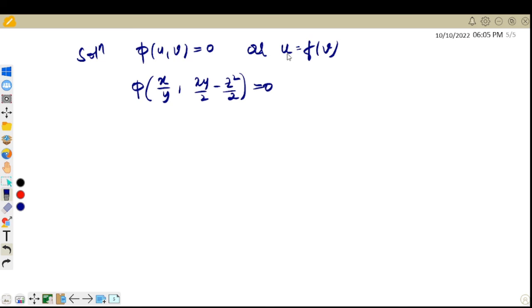You can also write it in the second form, u is equal to f of v: x by y is equal to f of xy by 2 minus z square by 2. That's it. This is the solution of the second example.